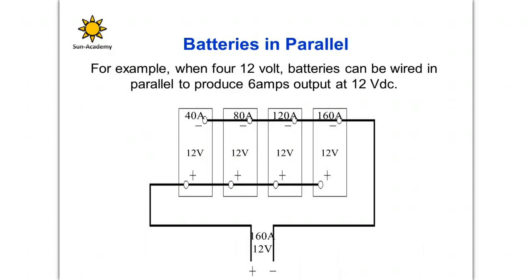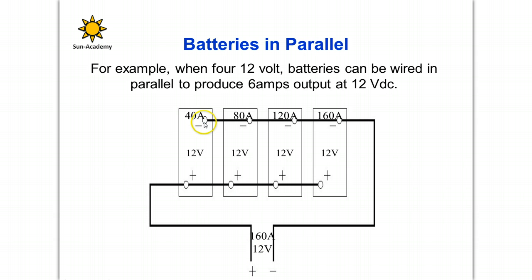For example, when 4 12-volt batteries are connected in parallel, they produce 40 amps output each, but the amperage increases and the voltage remains the same.